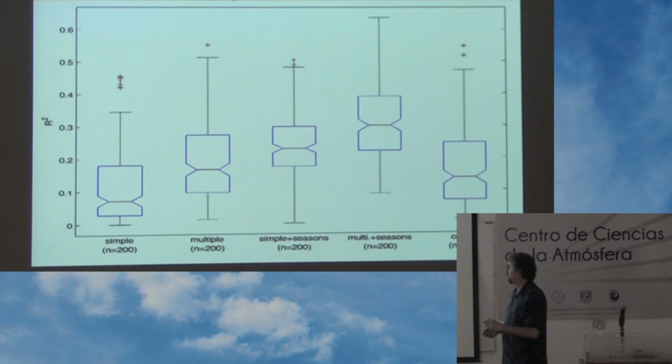We thought that was pretty good. Okay, so an R-squared value of 0.3 corresponds to a correlation coefficient between 0.5 and 0.6.